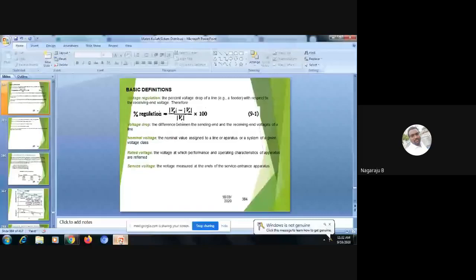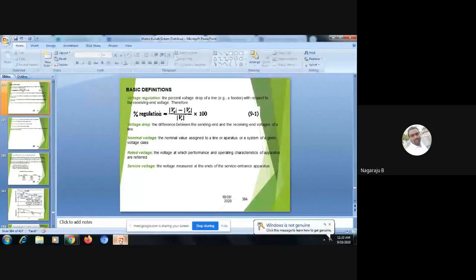So you have some voltage, but it is assigned to the line or apparatus or system for a given class. Rated voltage is the voltage at which performance and operating characteristics of an apparatus are referred.